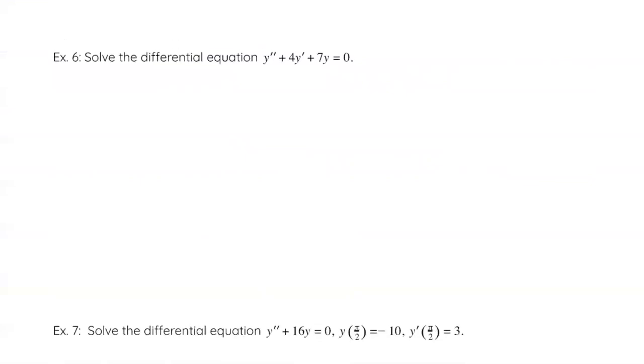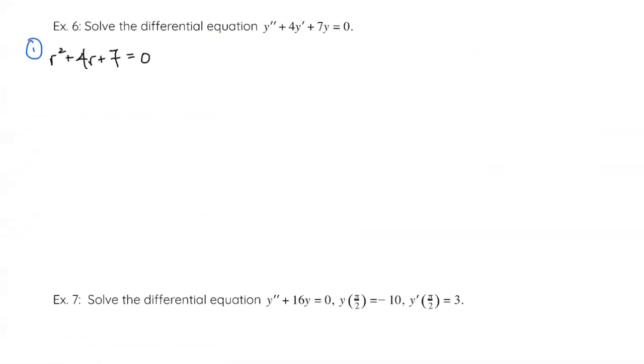So let's see what this looks like in application. Solve the differential equation, y double prime plus 4y prime plus 7y equals 0. That's the same thing as saying r squared plus 4r plus 7 equals 0.